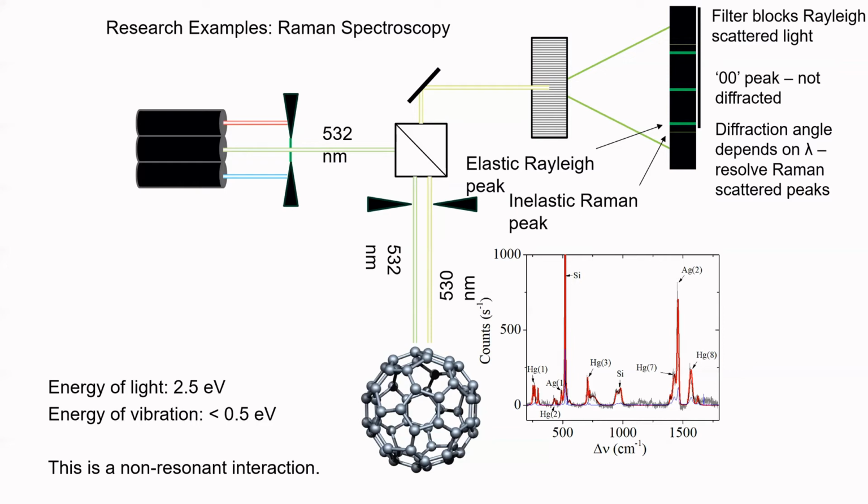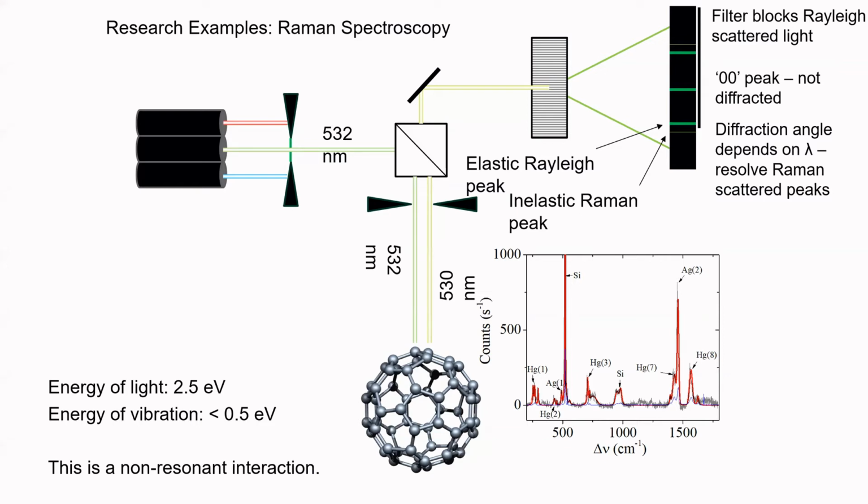So the straight through beam, what's called the 0-0 peak, doesn't depend on the wavelength. That just gets all the light coming through. So that's the not diffracted spot. And then on either side of that, you get the first order diffraction spots. But on that diffraction spot, you get a very, very bright spot, which is the Rayleigh scattered light. And then on either side of it, you get the Stokes and the anti-Stokes.